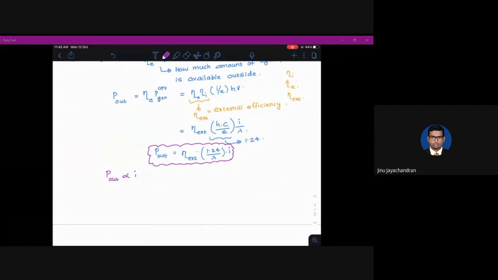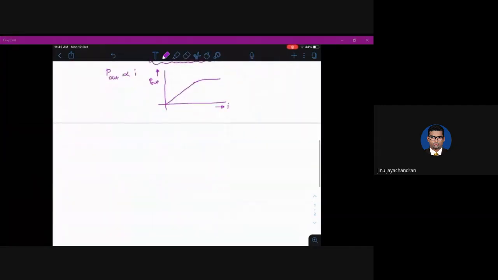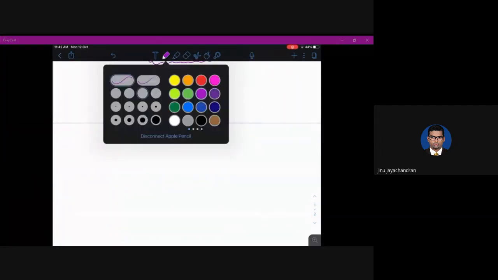Okay, so if you draw a graph with this as I and this as power out, you will see it's a straight line, but after some time it will get saturated, and there are reasons for why it is getting saturated. So this is the net power output from an LED. That's the very basic things about LED.